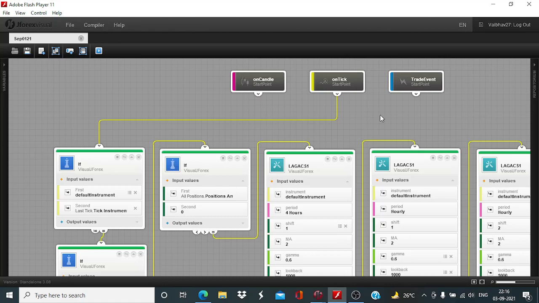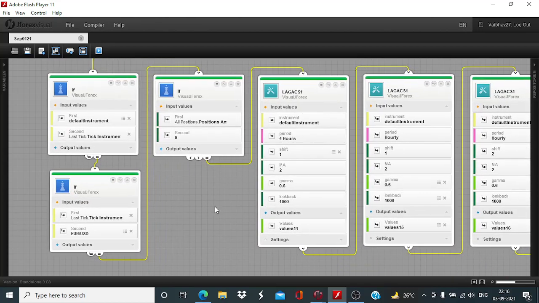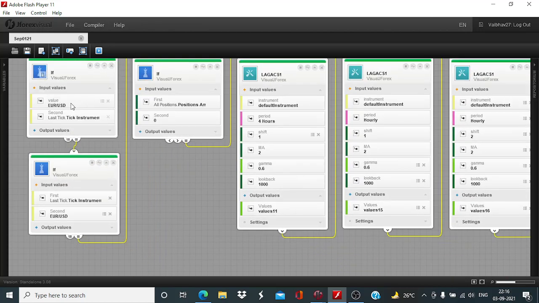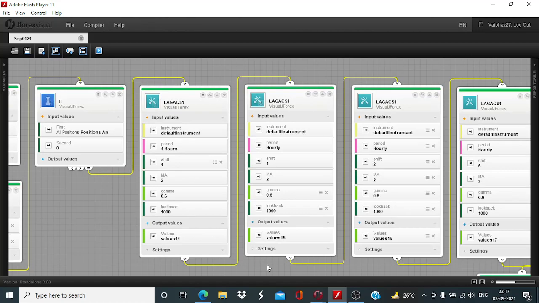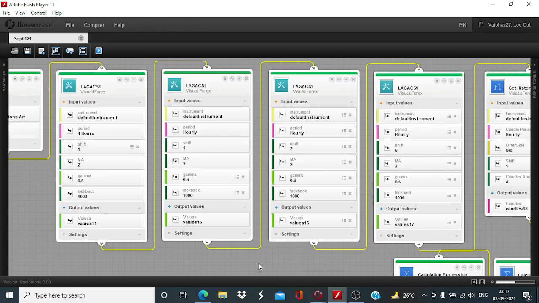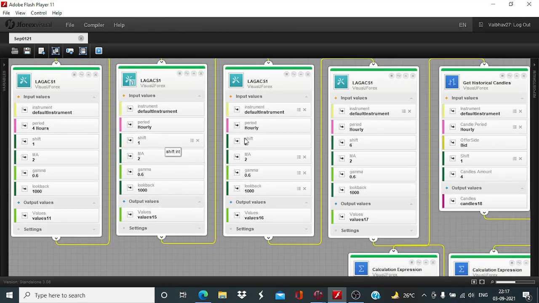This is the Visual JForex board developed by the Dukascopy Bank SA. In the last two sessions, the development so far includes this instrument subscription. The default instrument has been set as EURUSD. The position amount was defined at 0. After that, these four Laguerre ACS blocks have been added. First one is of 4 hourly candle period, and the latter three are of hourly candle period with varying shift values 1, 2, and 6 respectively.